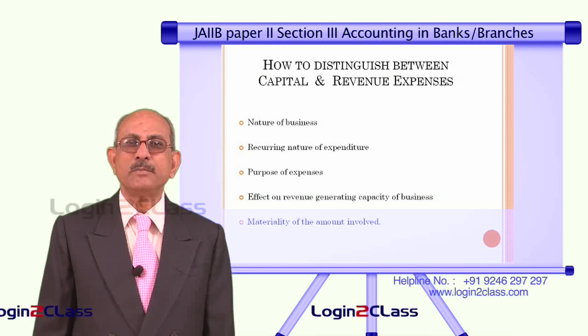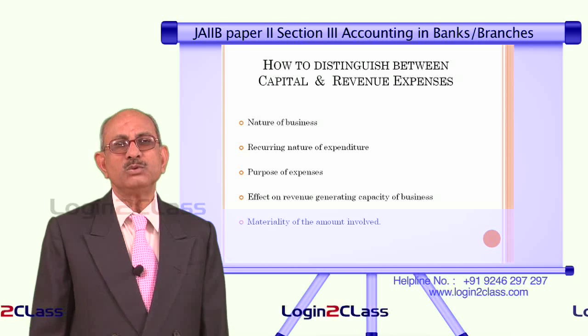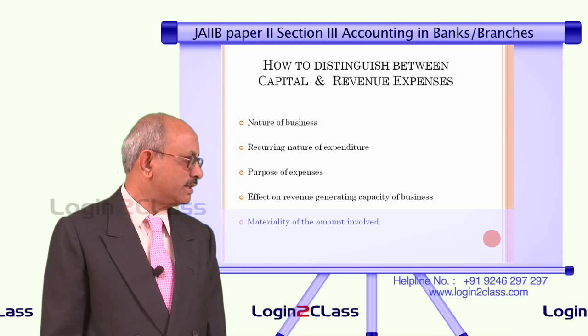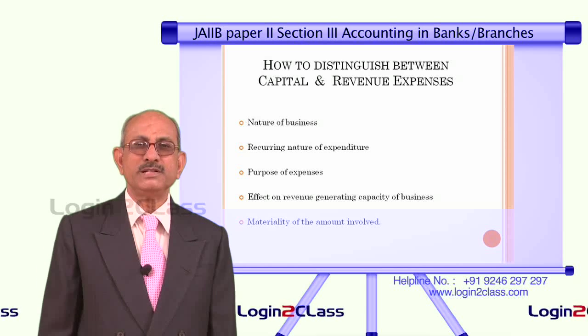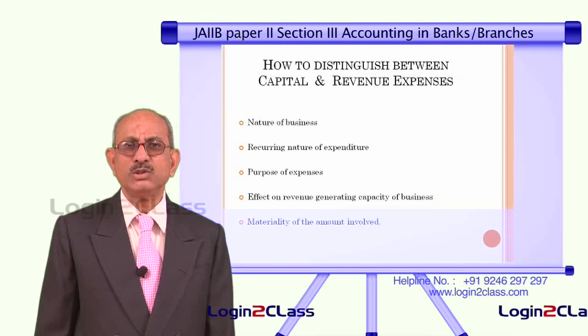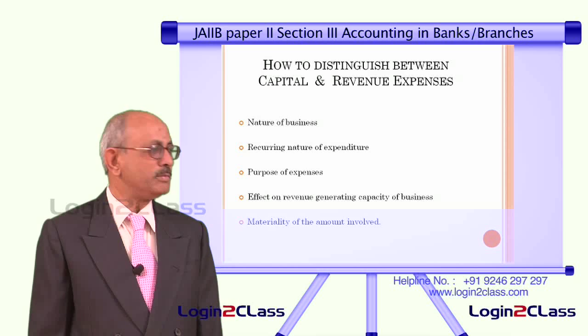That means, though it appears to be revenue in nature, since it is going to give enduring benefits for an extended period, it can be deferred to further periods. So, it is treated as a deferred revenue expenditure, and only that portion of the expenditure which relates to that particular period as per the matching concept will be accounted for as expenditure.